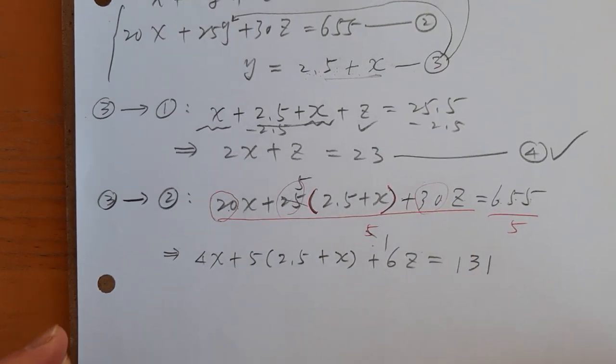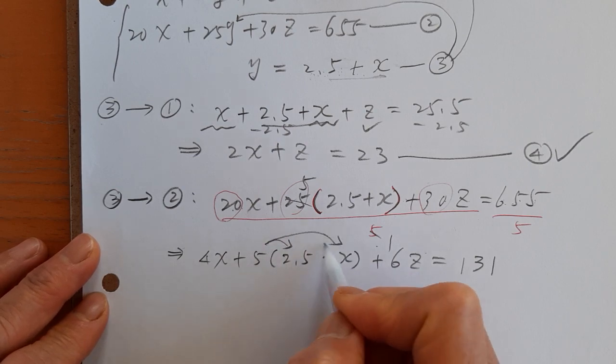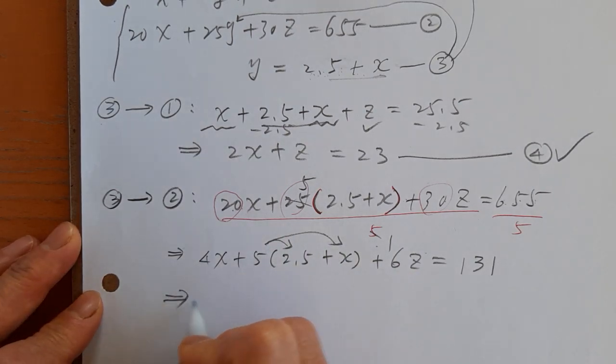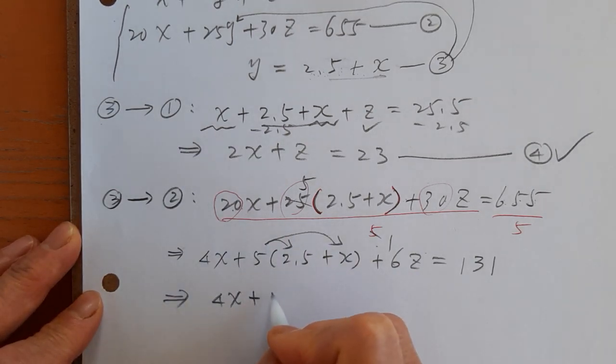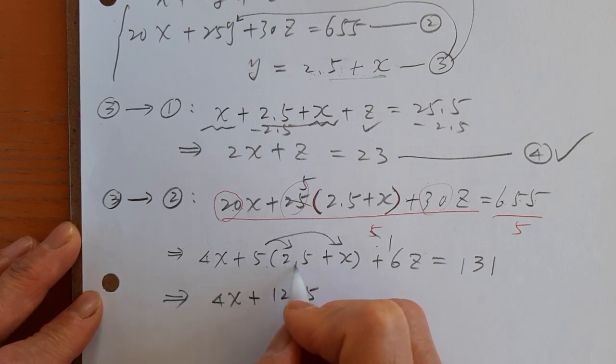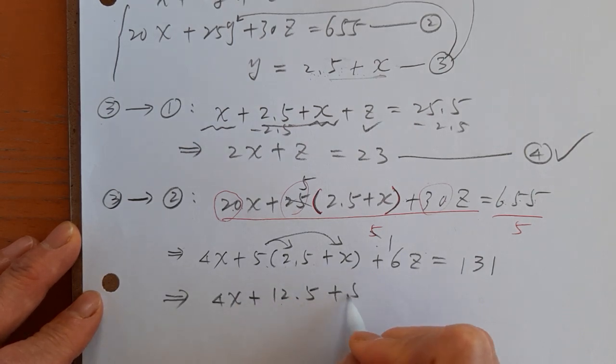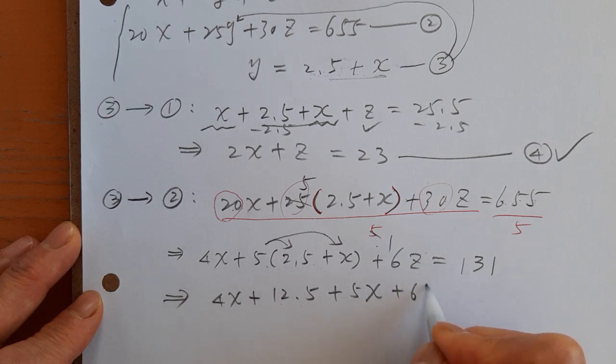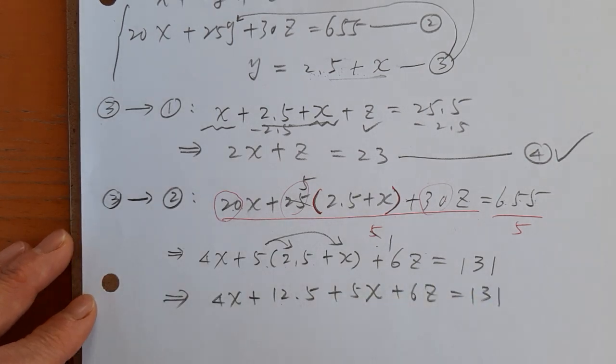Then distribute and remove the parentheses. So we got 4X plus 12.5 plus 5X plus 6Z equals 131, since 5 times 2.5 is 12.5.